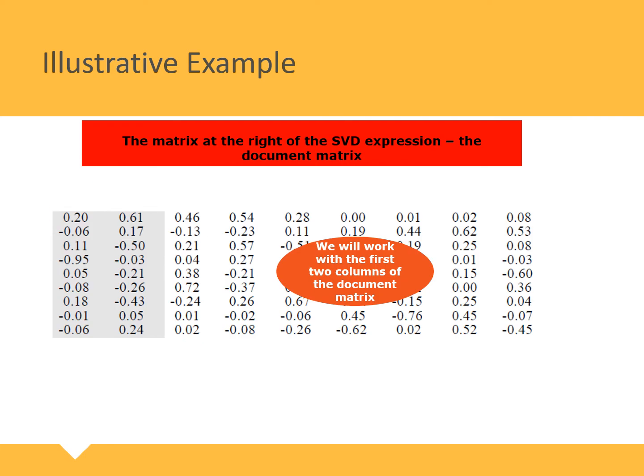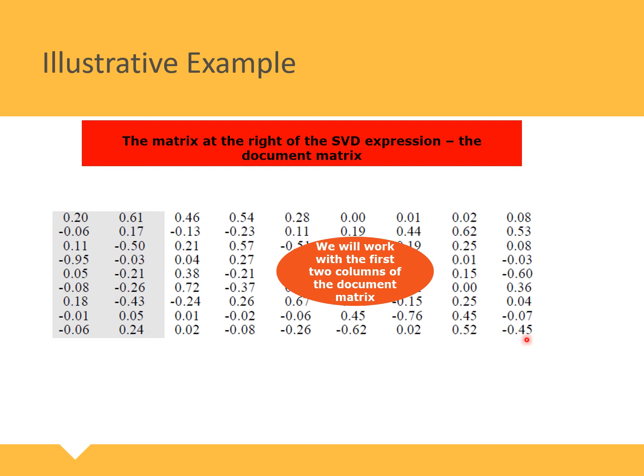And similarly, this is the matrix on the right, and it's called the document matrix. I'll explain at the end of this illustration why this is called the document matrix and why the matrix on the left is called the term matrix. But here also, because we are dealing with only the top two singular values, we will discard all the columns of this matrix and work with only the first two columns.